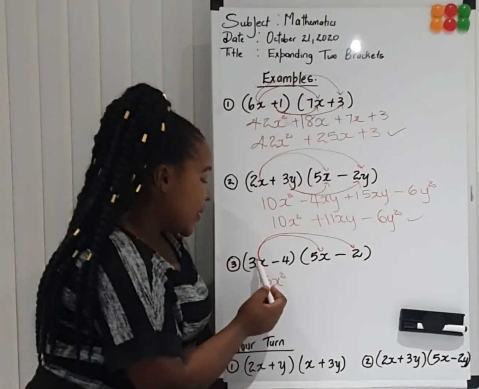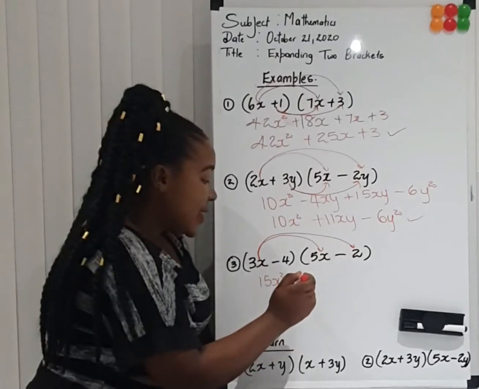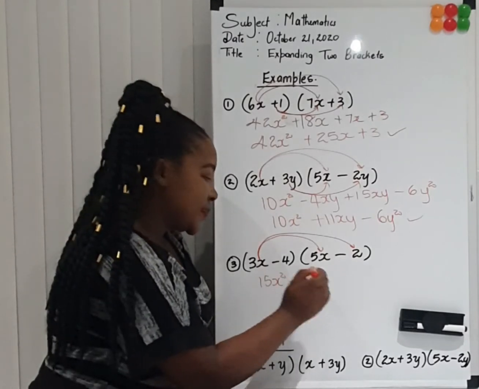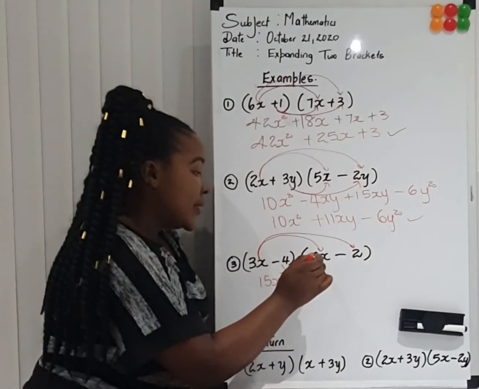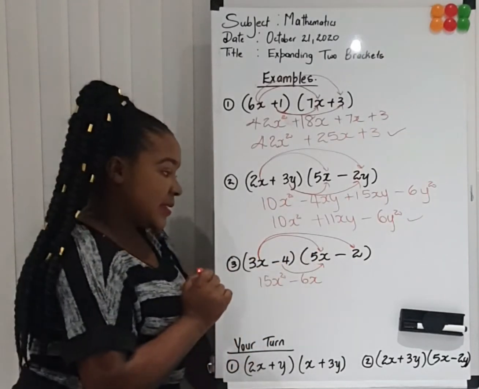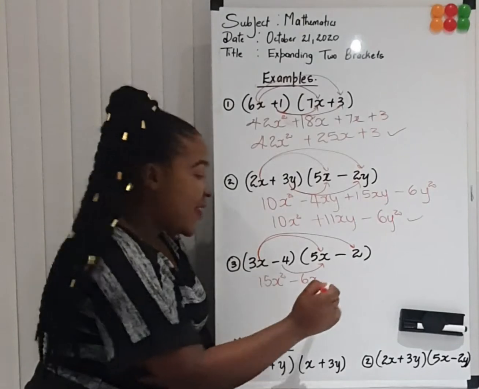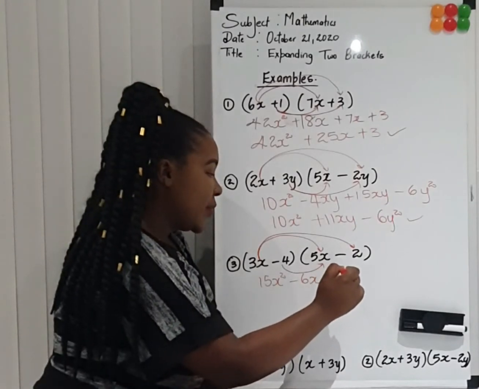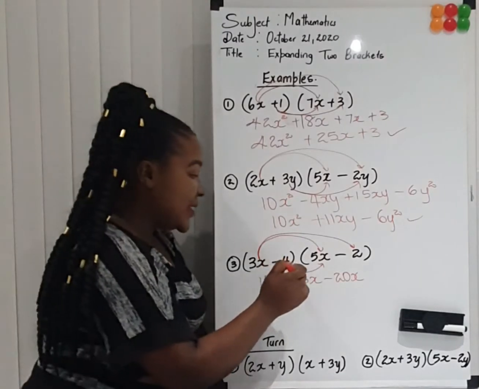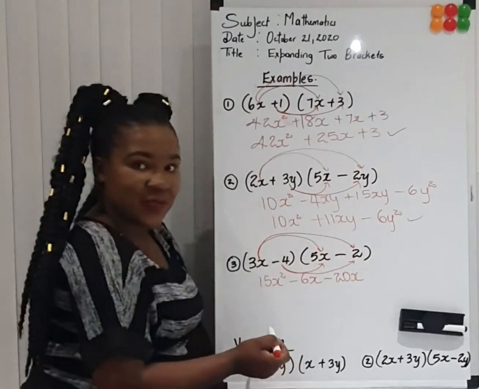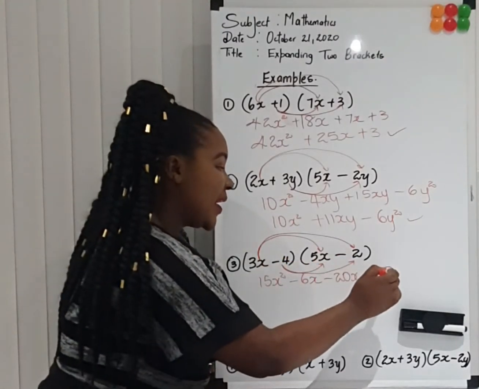So let's go. 3x times negative 2 is negative 6x. And negative 4 times 5x, that's negative 20x. And negative 4 times negative 2 is positive 8.